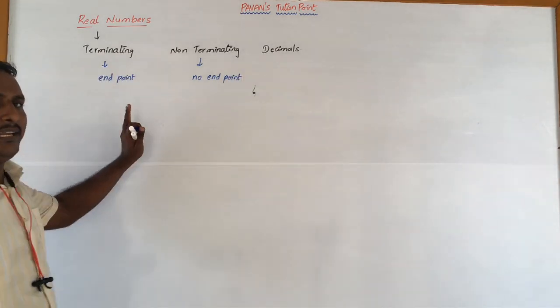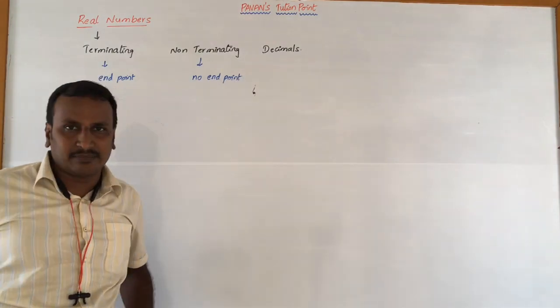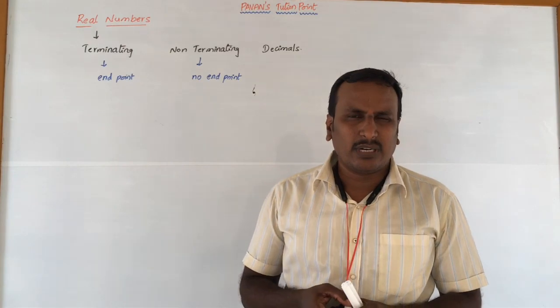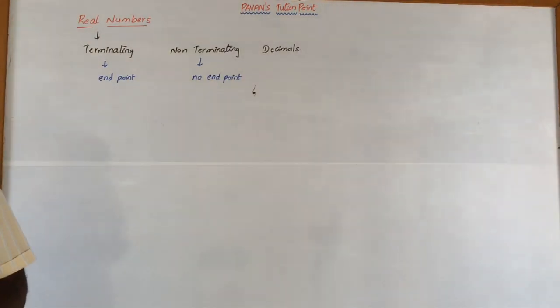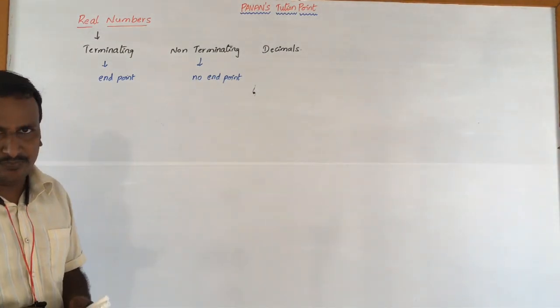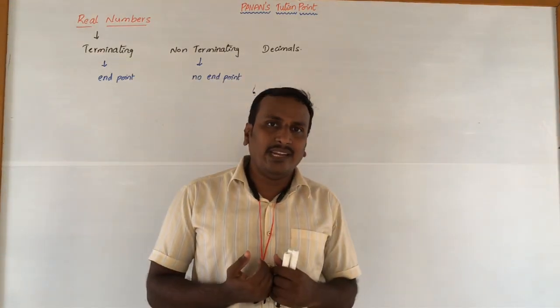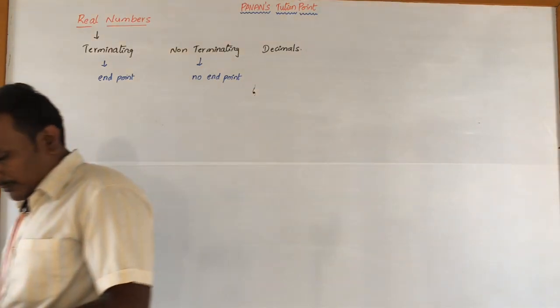So we got an idea about terminating and non-terminating, and what is the decimal here? What is meant by decimal? A few members have an idea about the decimal, but here I am going to explain about the decimal also. We get decimals whenever we divide a proper fraction.